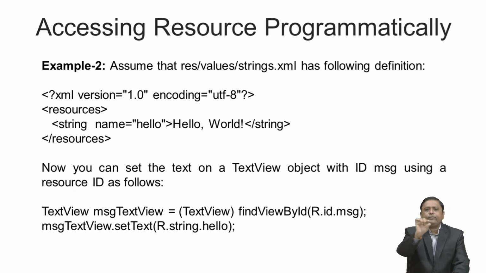Now, how to refer to this string in a text view programmatically? The first line refers to that text view and the second line sets the text which is stored inside this string.xml file. So, here we write R.string.hello. Now, remember, string is the XML file stored inside the values folder and hello is the name of the string. So, this is how we can refer to a string resource.